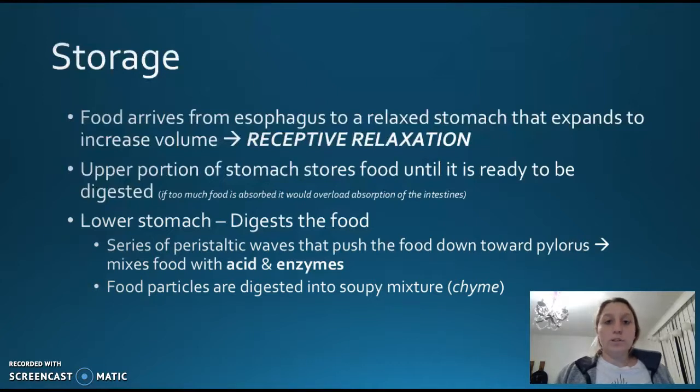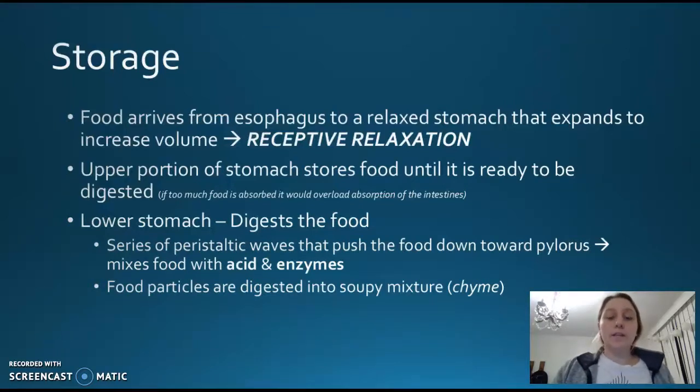The upper portion of the stomach is used to hold food until more food is ready to flow through the rest of the digestive system. If too much food flows through the stomach and into the small and large intestines, it will overload the intestines. The amount of absorption would not be much, and it would overwhelm the intestinal system.